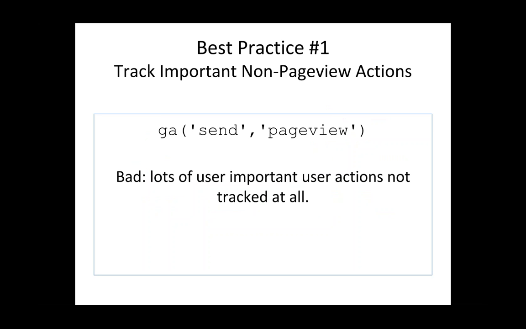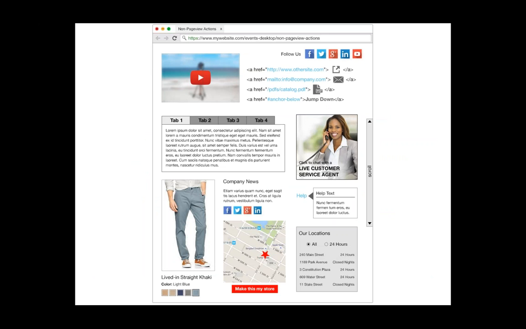But there's a lot of important user information that's not tracked at all. We saw this previously, that any interaction that does not cause a page to load is not tracked by default. And that's probably the single biggest gap in Google Analytics installations on websites in particular. There are lots and lots of user interactions that just are not tracked by default.